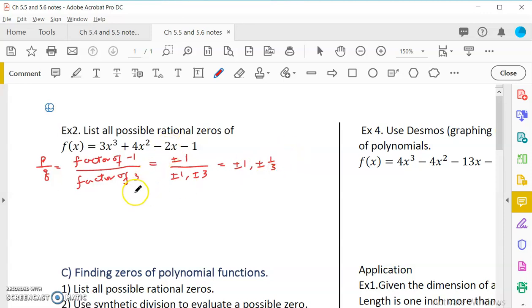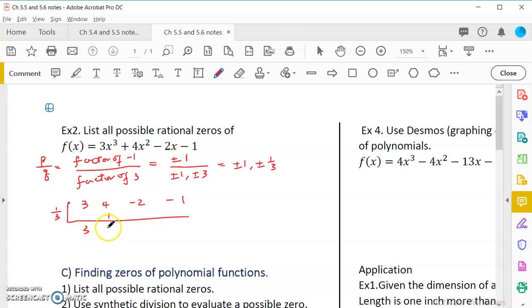So now I can actually check. Maybe I'll check if 1/3 is a zero. Okay, so 3, 4, negative 2, negative 1. I haven't done an example where the zero could be 1/3. It could be a fraction, so I'm going to do one. Let's check. Bring down the 3, so this times this is 1.